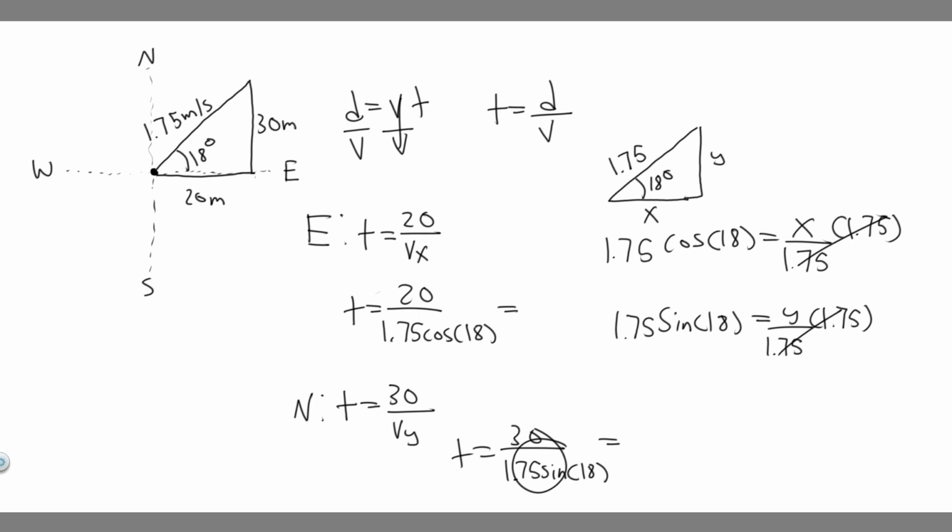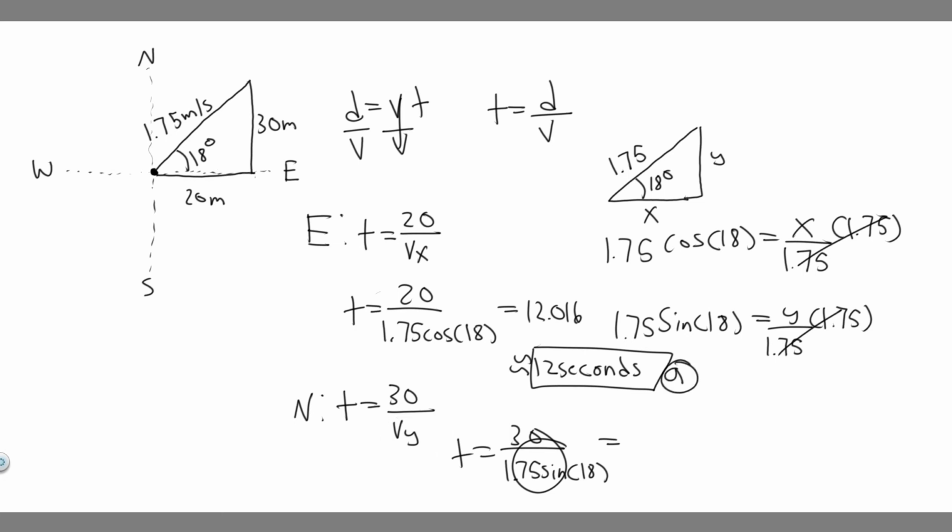And when you do this, what you're going to get is 12.016. So I'm just going to round to 12. So it's going to be about 12, and then this is time. So 12 seconds. That's how long it's going to take for us to travel 20 meters east. So this is your answer to A.